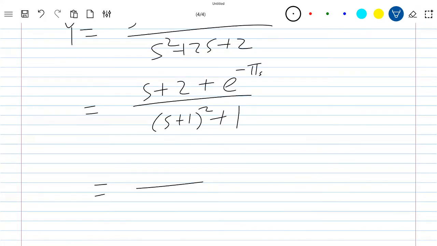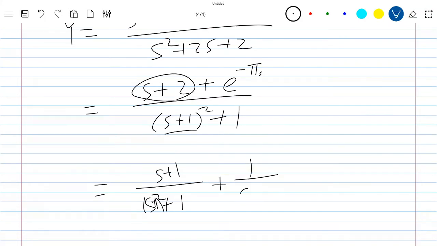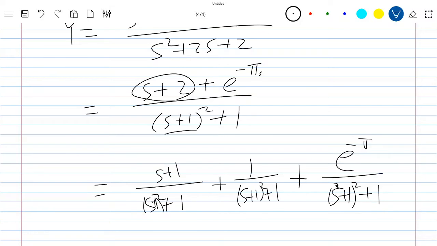Then how about the numerator? Well, since we have s plus 1 here, let's split it. And we'll see why we split in a second. And then you have e to the negative pi s over s plus 1 squared plus 1.